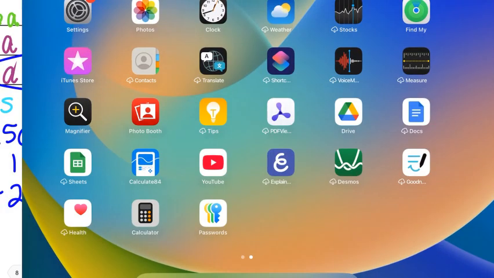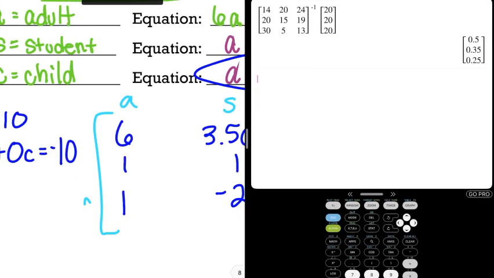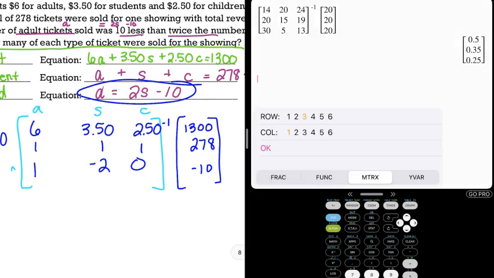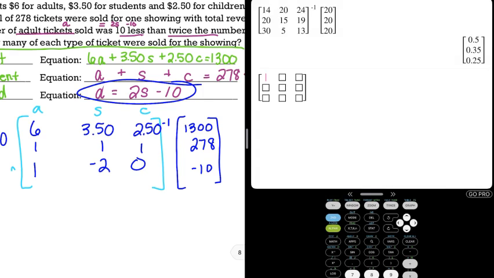So let's go to our calculator. We've got to put this in. So alpha zoom. This is a 3 by 3 to start us off. Put it in your calculator. Everybody do it. Alpha zoom. Put your coefficients in. Make sure you put a negative and not a minus 2.